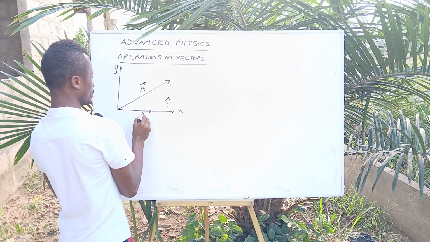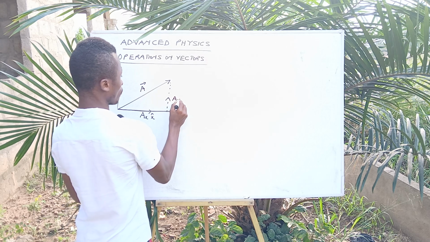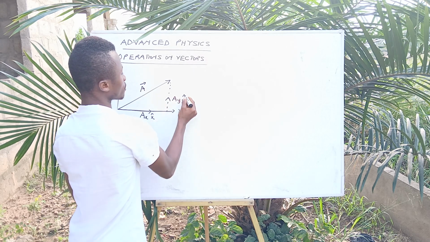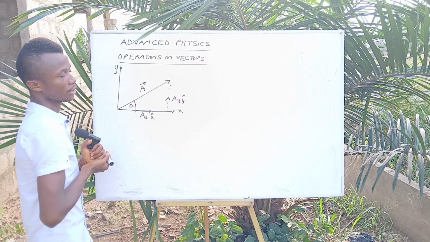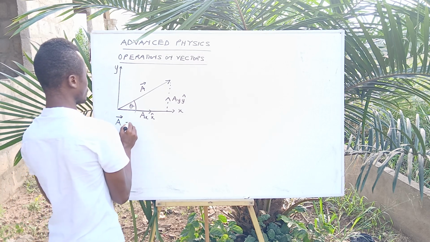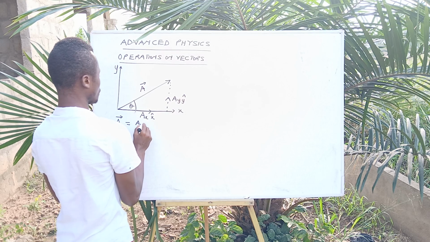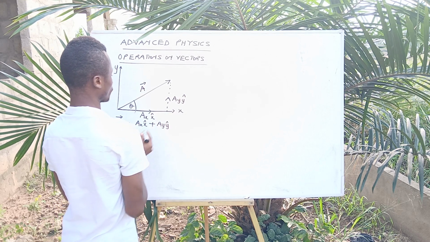So this is a vector AX, x roof, then AY, y roof. There's always an angle the vector makes with the horizontal, the 2D plane. So vector A could be written as AX, x roof, plus AY, y roof.